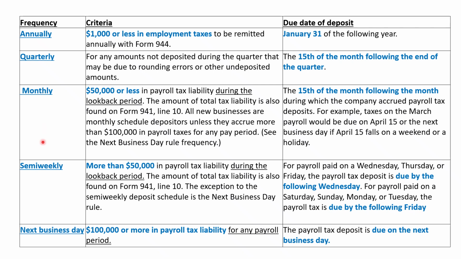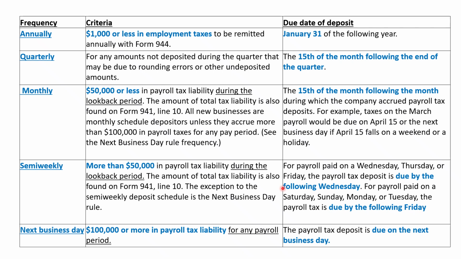All right, that brings us to the semi-weekly frequency. If the business has more than $50,000 in payroll tax liability during the look-back period, then the payroll taxes must be deposited either on Wednesdays or Fridays. For payroll paid on a Wednesday, Thursday, or Friday, the payroll tax deposit is due the following Wednesday.